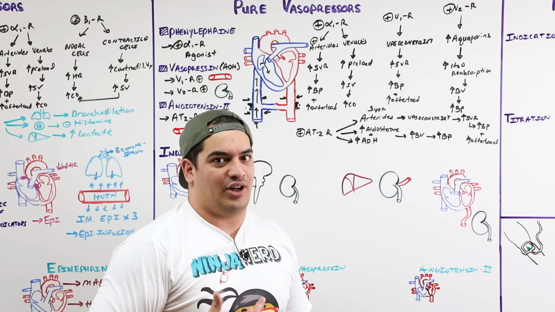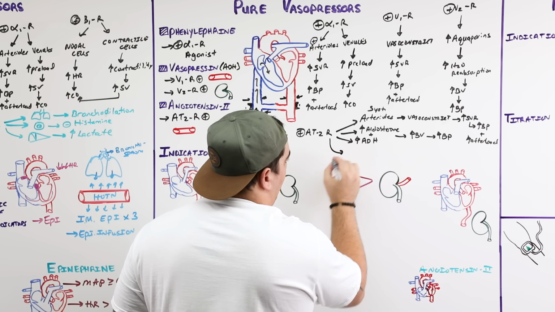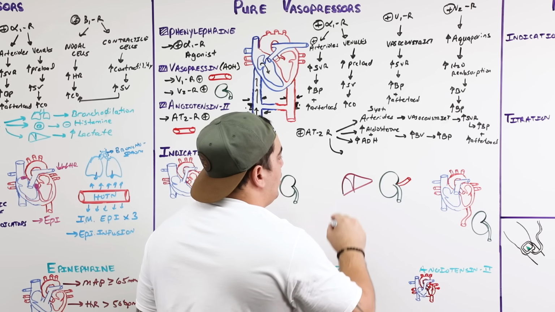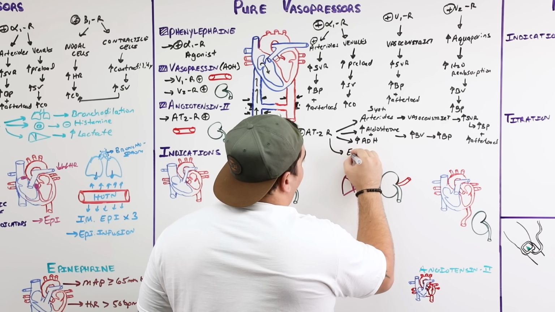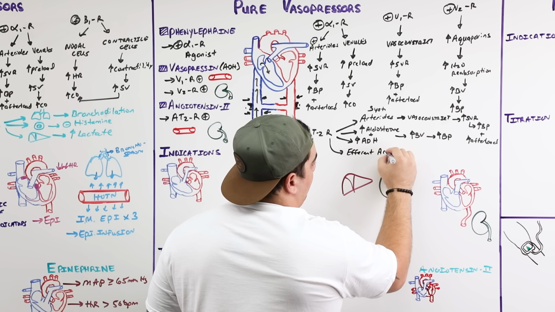This theoretically sounds like a great drug. Not yet, though. We don't know enough about this drug. But here's the other effect. It also works on the efferent arterioles within the kidneys.